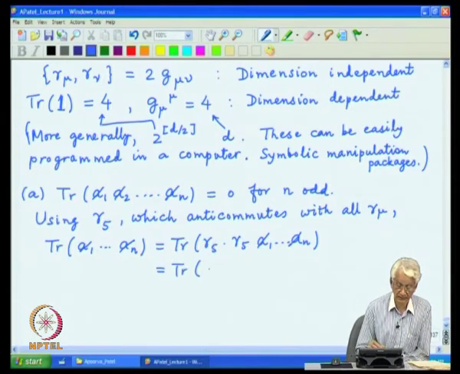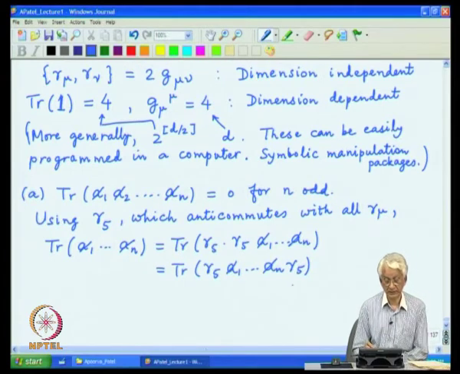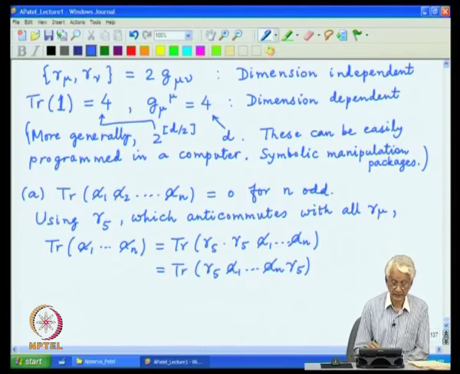The cyclic property of the trace allows you to rewrite this object as this. Then one can anti-commute the gamma 5 through the whole string of A slashes, and every time you anti-commute you get a factor of -1.